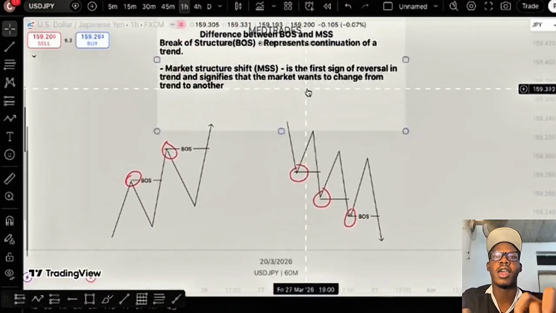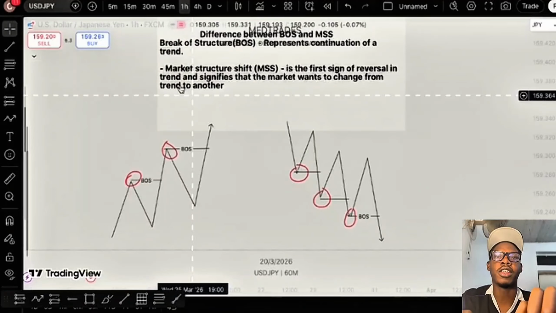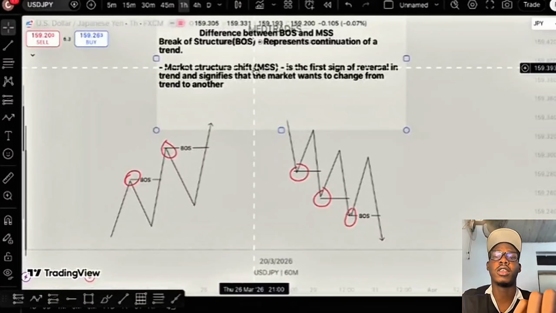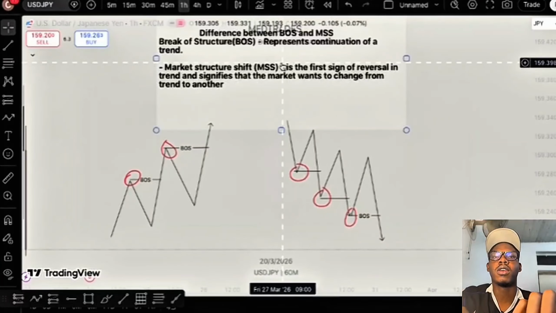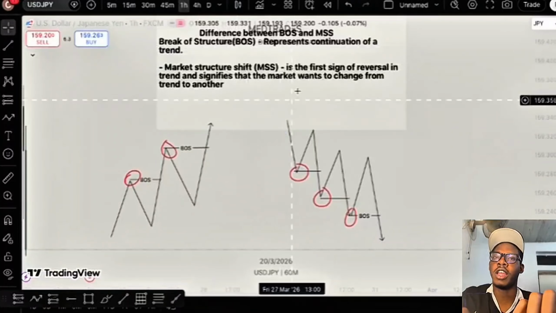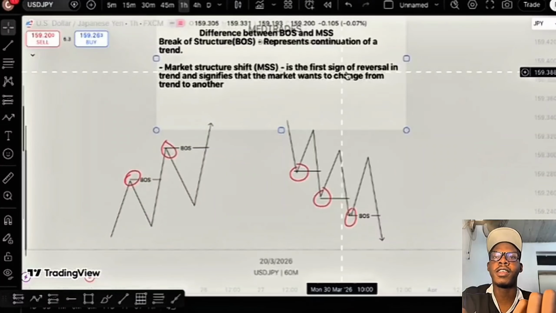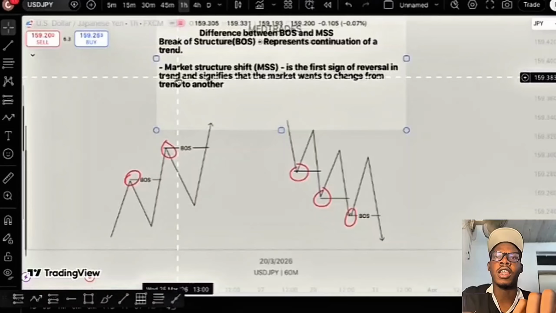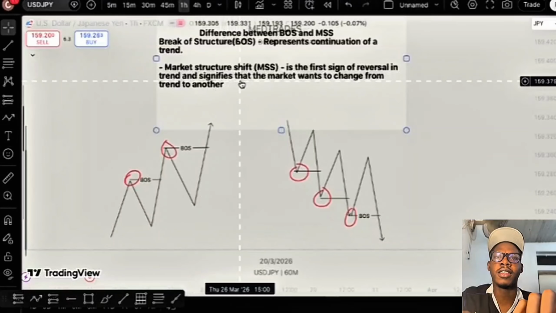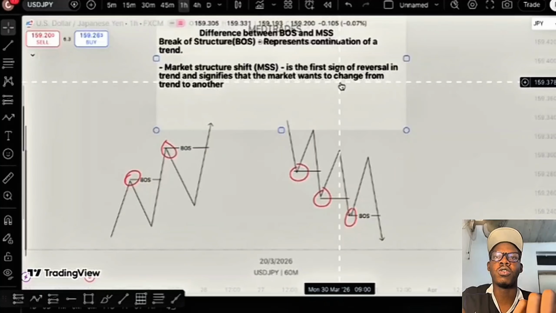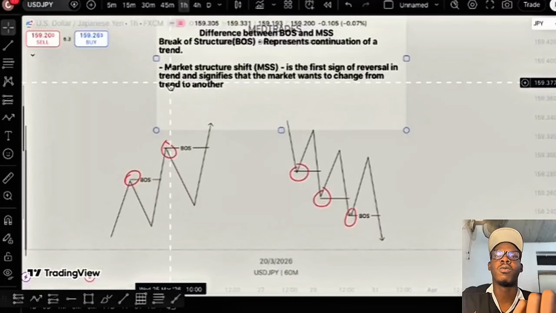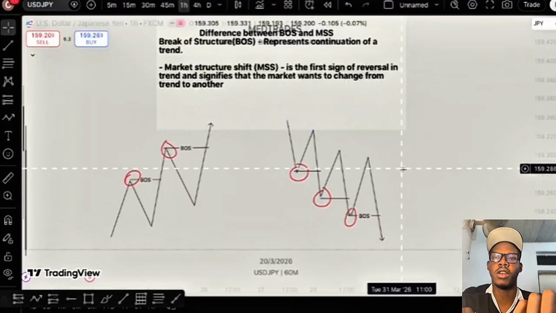So now MSS stands for market structure shift. Some people call it change of character. A market structure shift, or MSS, is the first sign of reversal in a trend and signifies that the trend wants to change from one trend to another.